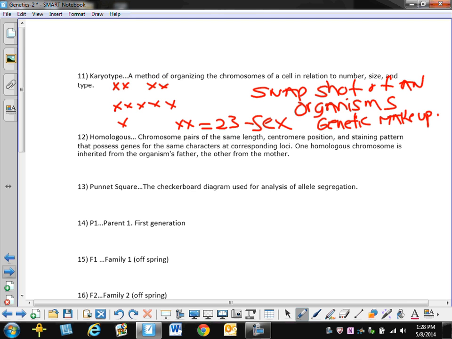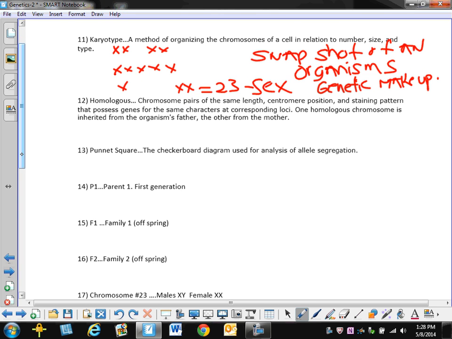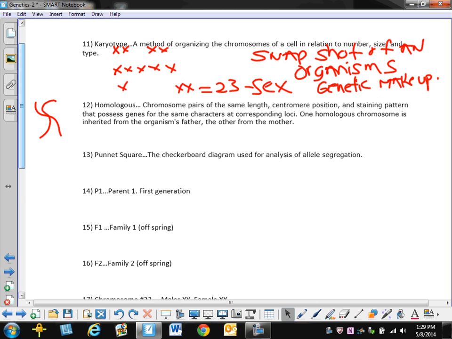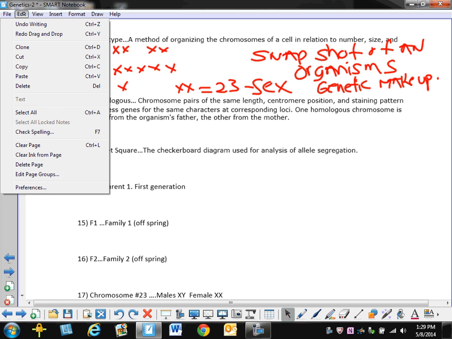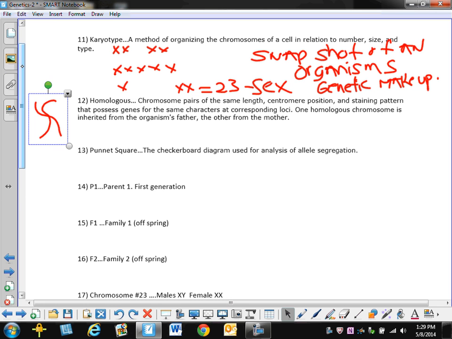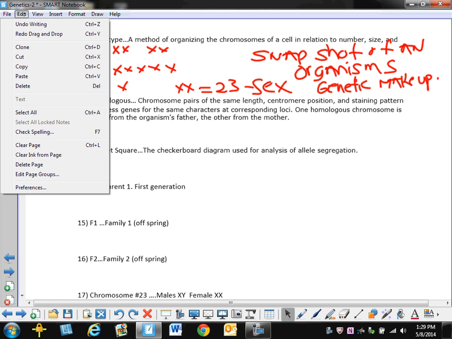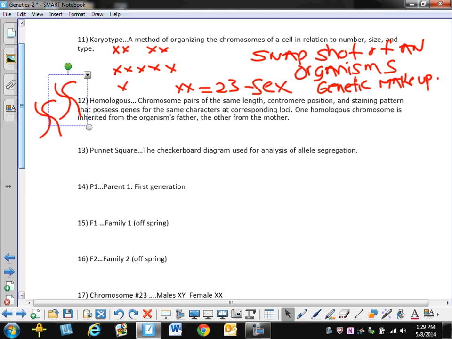Okay, makeup. Homologous. A homologous pair is we're talking about two chromosomes. And the thing about this, just like what does homo mean? What does homo mean? Thank you. In this homologous pair of chromosomes, they have to be exactly alike.